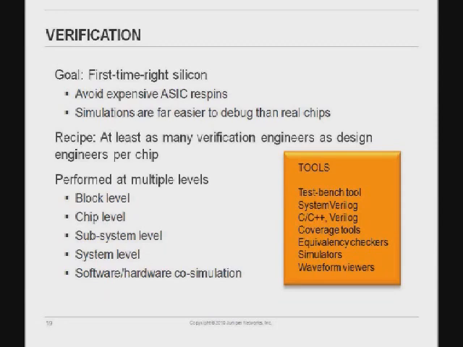So we would like to avoid that. Also, simulations are a lot easier to debug than real chips. With real chips you cannot see anything; all you can see is that it doesn't work. With simulation, you can see the internal values and signals, so it's a lot easier to debug when you can see the problems.